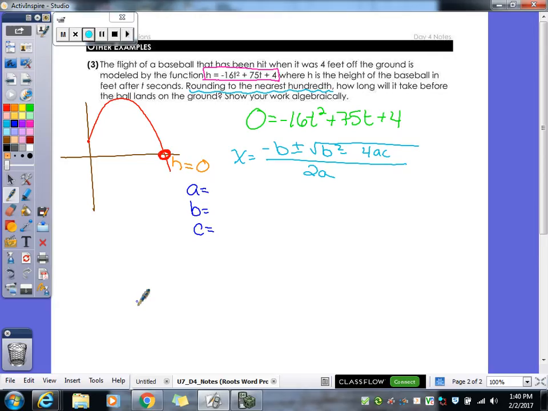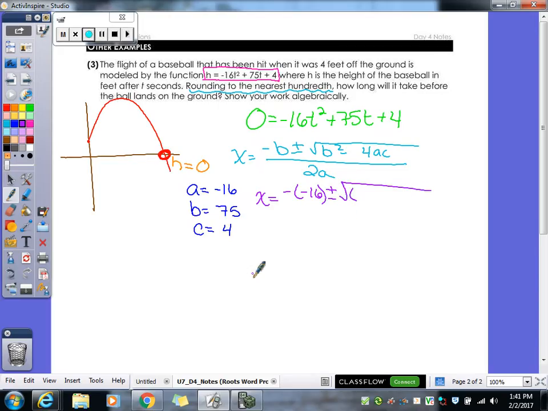So what's the A value in our equation? Negative 16. Our B value? 75. And our C value? 4. So let's go ahead and plug those in. So I have negative parentheses, negative 16, plus or minus the square root.